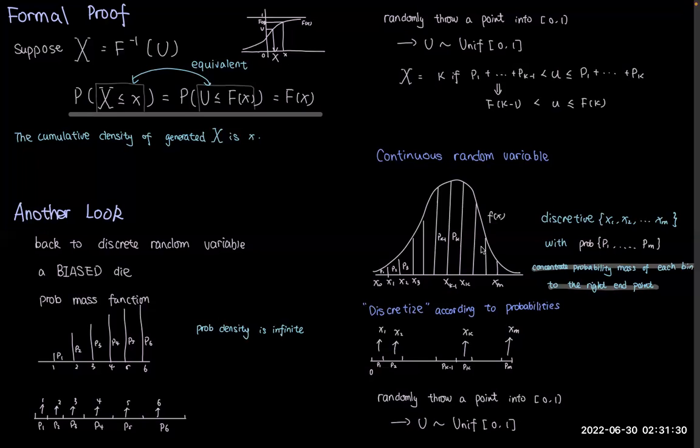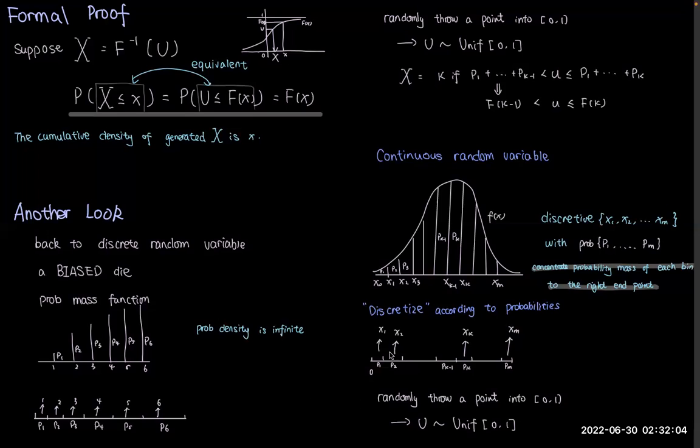Okay, so now again, we can divide this range from 0 to 1 into m small intervals. The length of the kth interval, pk, will be the area of the kth bin. Because we want to generate a discrete random variable, this is a discretized version with these probabilities, similar to this biased die situation.